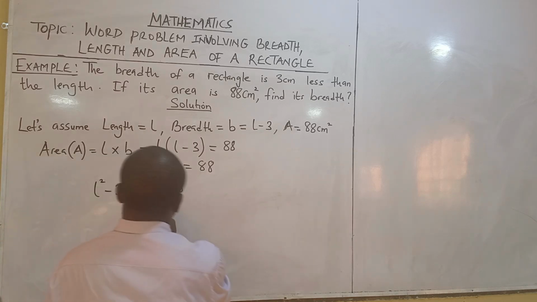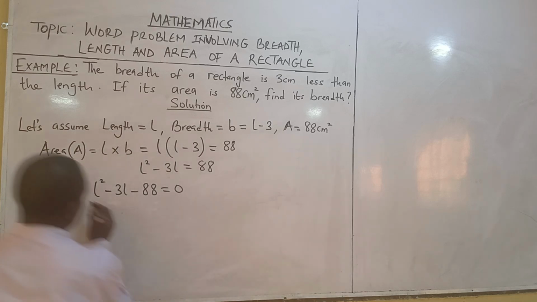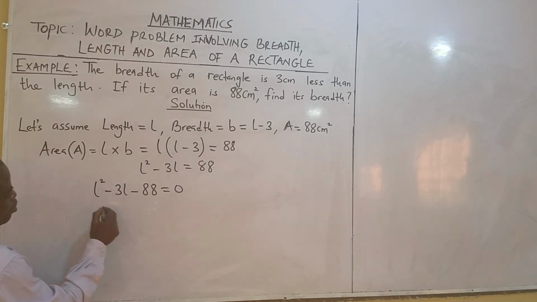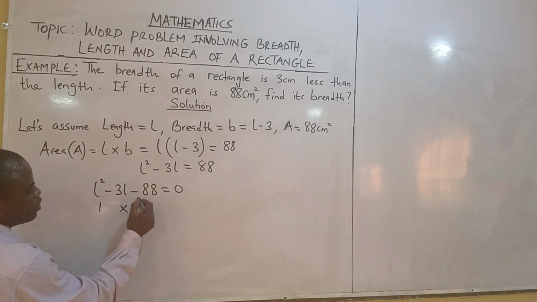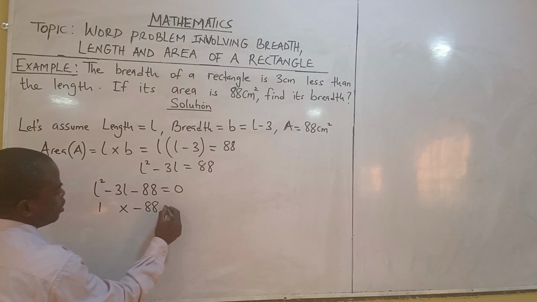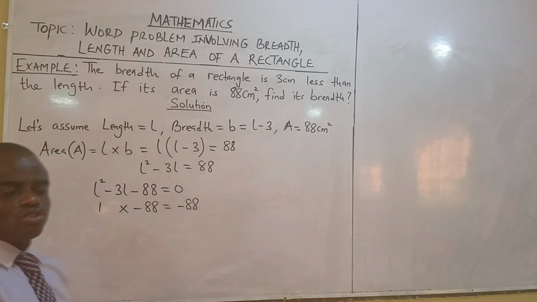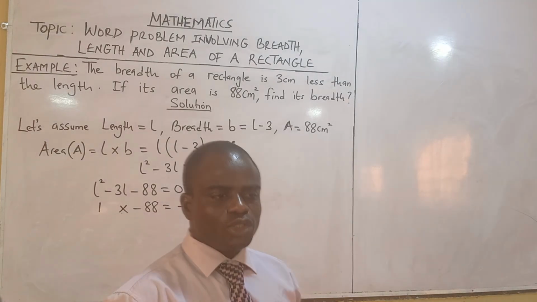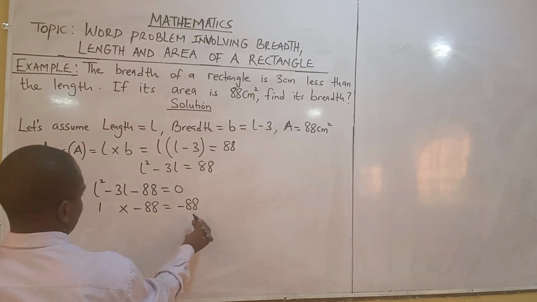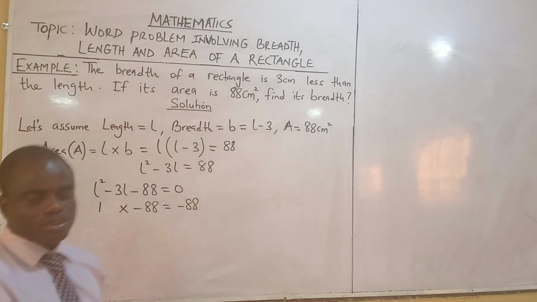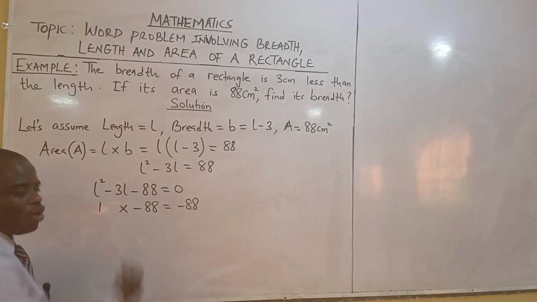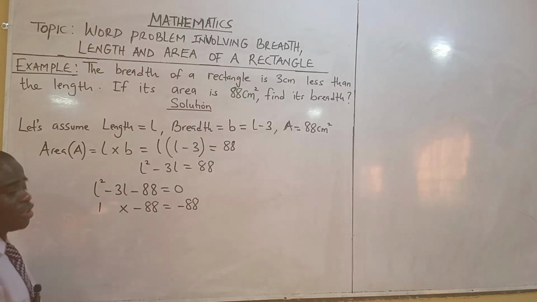Now, we multiply the coefficient of L squared, which is 1, by the constant minus 88. You are having minus 88. You now think of two numbers that when you multiply together, give you minus 88, and when you add those two numbers together, give you the coefficient of L, which is minus 3.